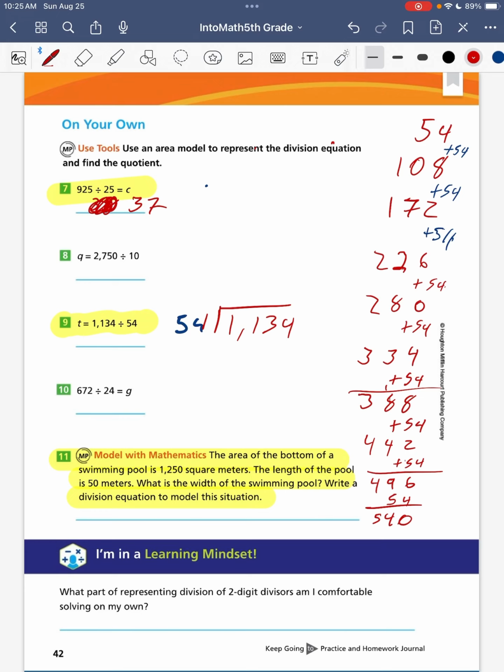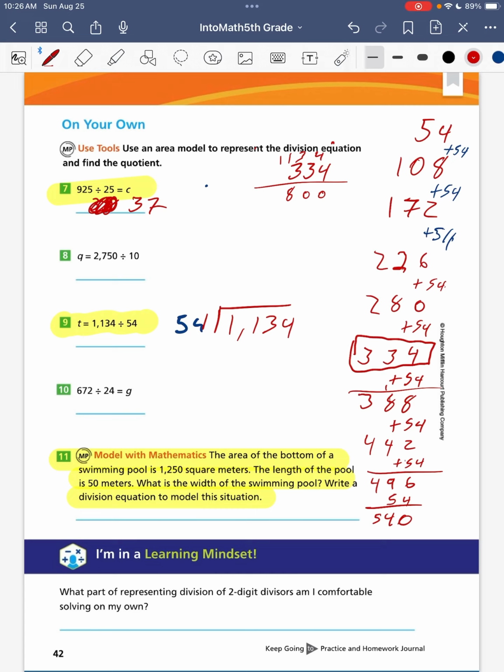trying to think of what would best add up to 1134. Well, I like that 334 ends with the 34 that we need. And if I subtract 1134 minus 334, 4 minus 4 is 0, 3 minus 3 is 0, 11 minus 3 is 8, that's 800.